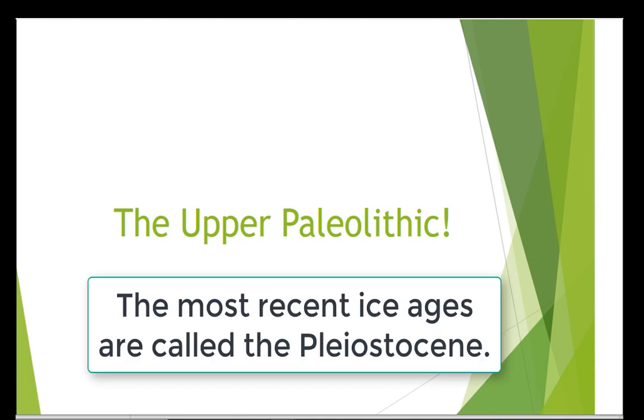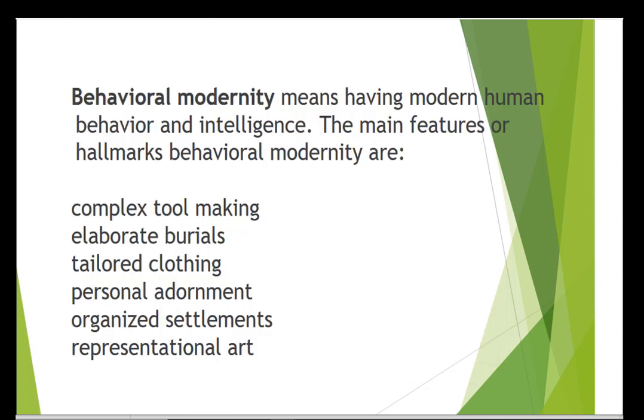And the reason we're talking about Europe, instead of Africa, the homeland of people, is that Europe has really amazing preservation because people were living in caves, and that created a kind of buffer against wind and water and other forms of erosion. When we talk about behavioral modernity, we're talking about totally modern humans, okay?